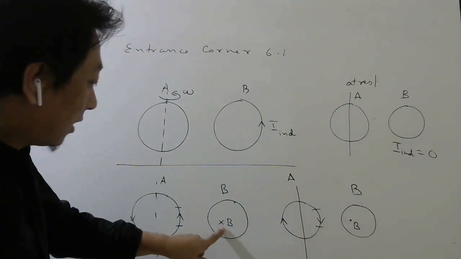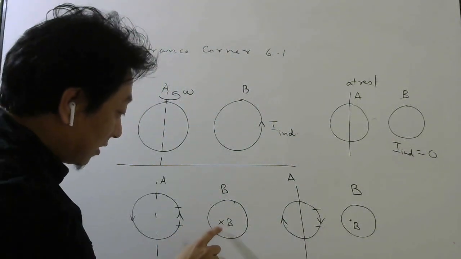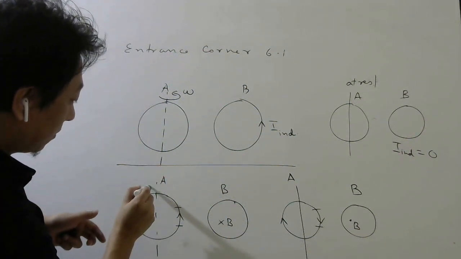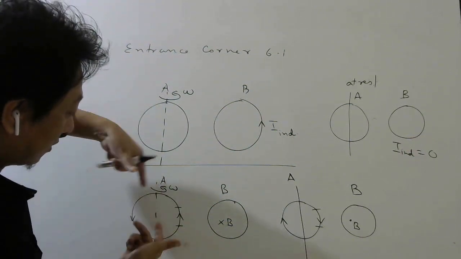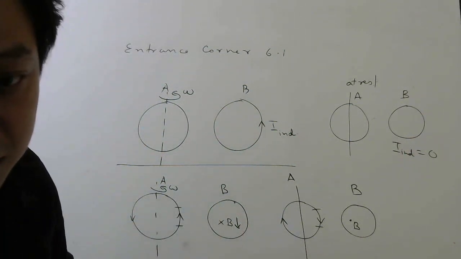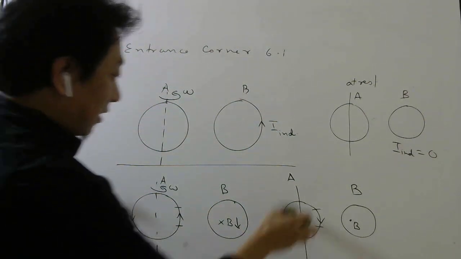So it is very clear that at this instant, when you are rotating this loop like this, this magnetic field is decreasing, unlike the previous question.